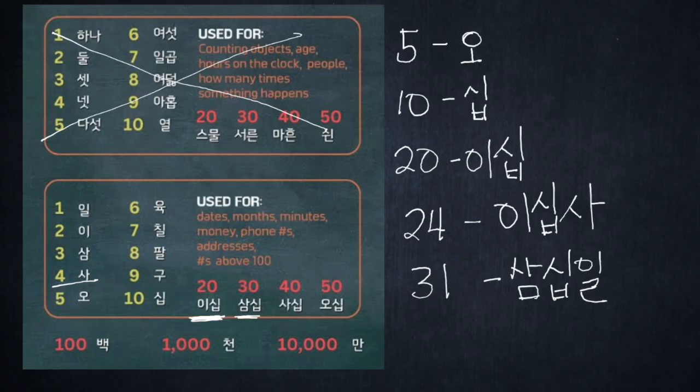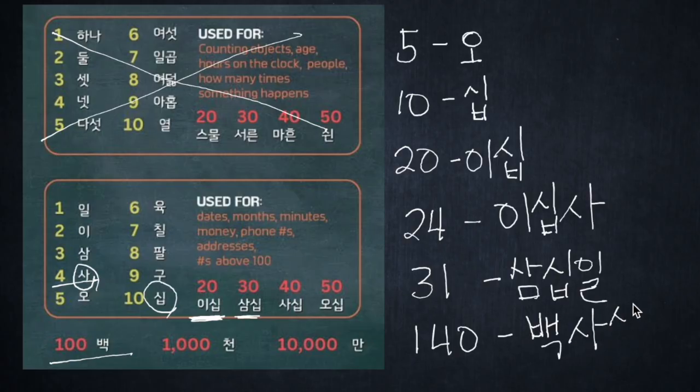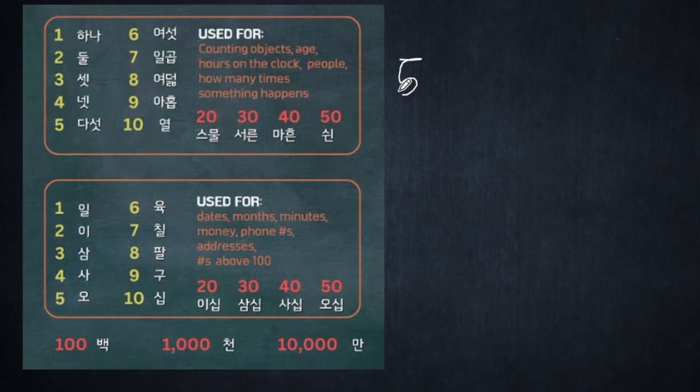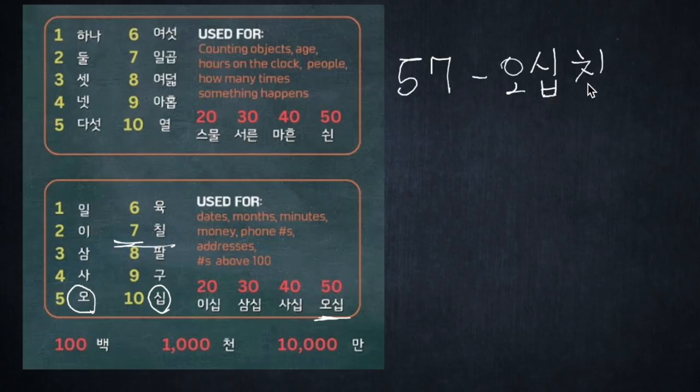How would you say 140? 100 is 100. 40 is 40. 140. Okay, 140. How would you say 57? 50 will be 50. 7. 57.